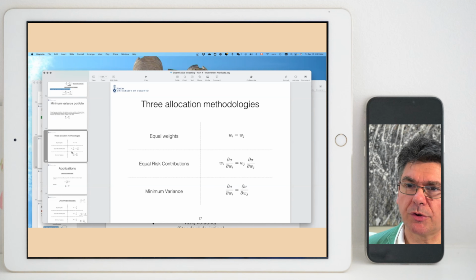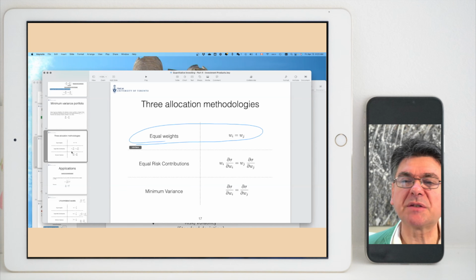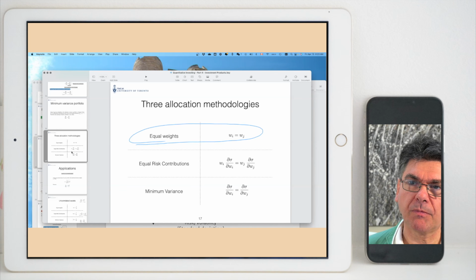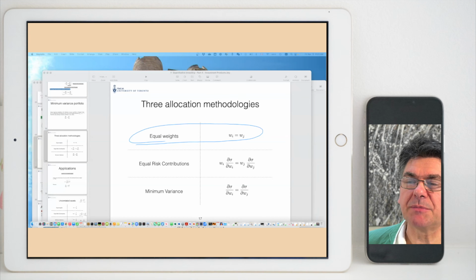So I have a question for you. In this methodology, how much money goes into the Hang Seng Index?